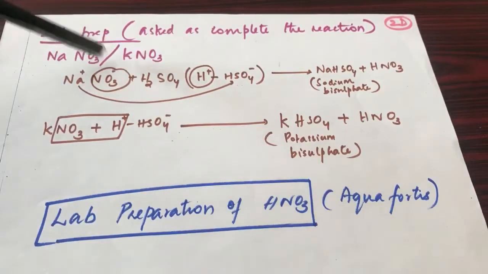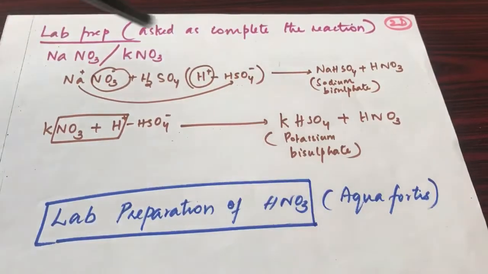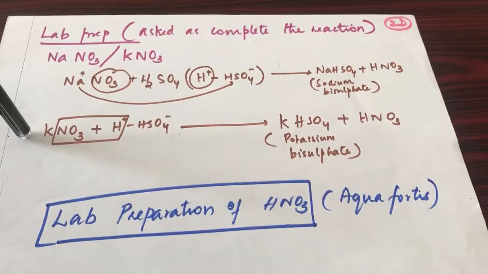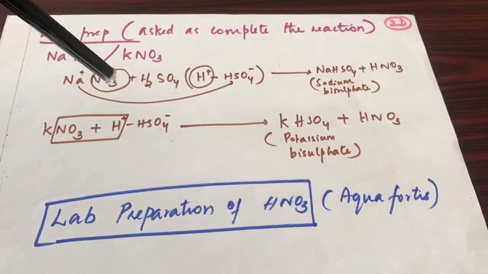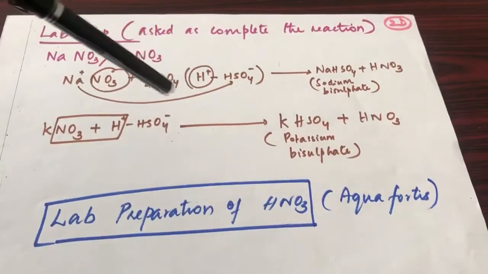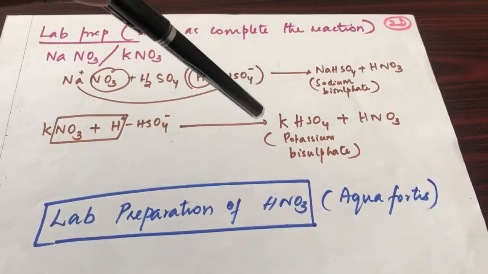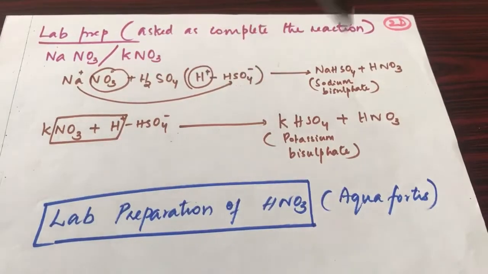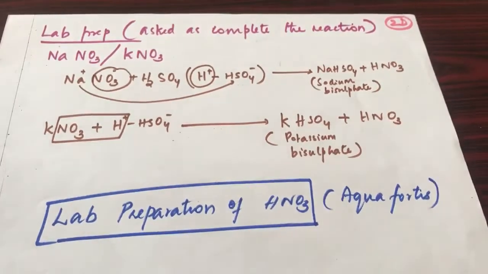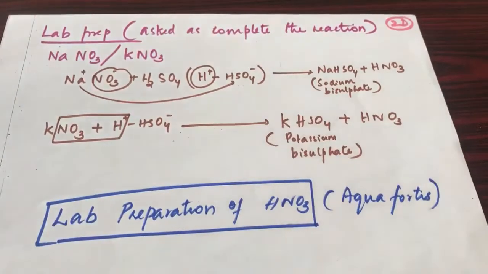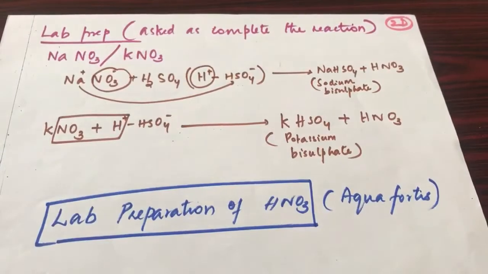If potassium nitrate or sodium nitrate is given to complete the reaction, it will proceed like this only. We take potassium nitrate and treat it with sulfuric acid, and we get potassium bisulfate and HNO3. So this is the lab preparation. It is never asked as lab preparation of HNO3; it is always asked as complete the reaction.